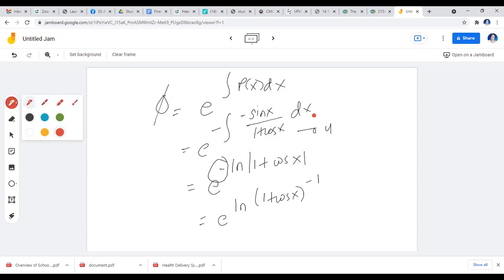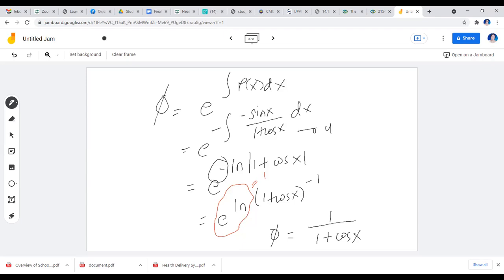It's because I want to get rid of the e and the ln, just like in example number 1, where this is equivalent to 1. So that tells us that your phi is actually 1 plus cosine of x raised to negative 1. So you have this negative 1, meaning it's 1 over 1 plus the cosine of x.